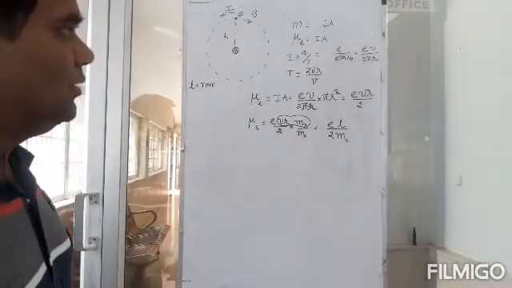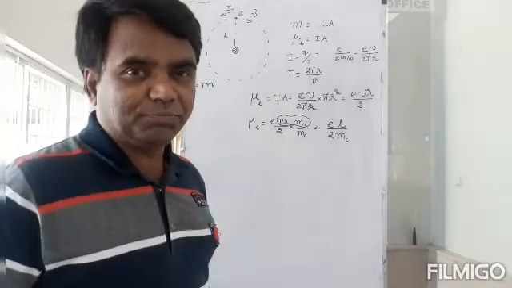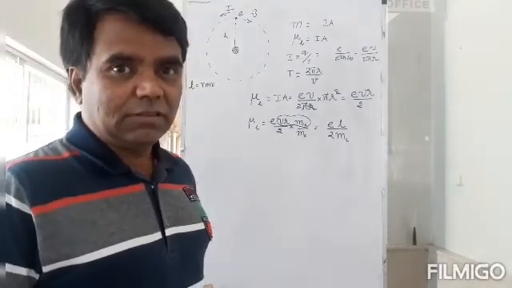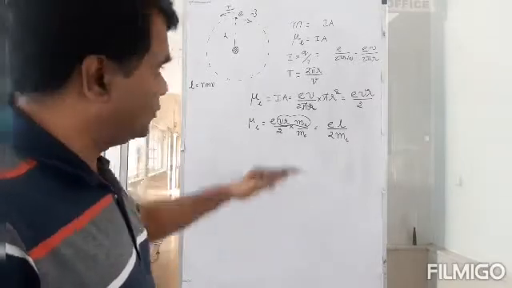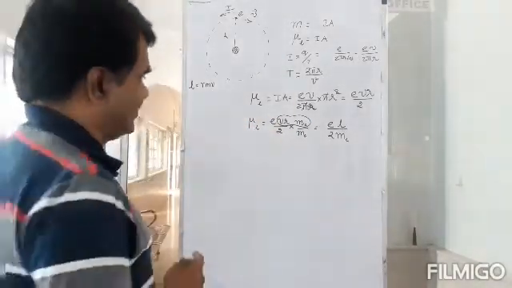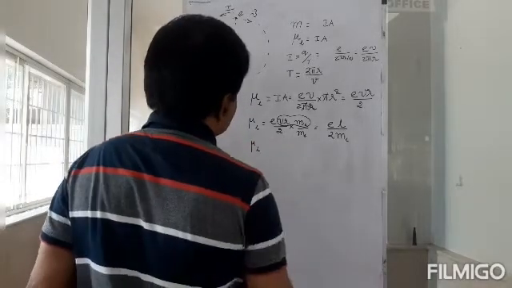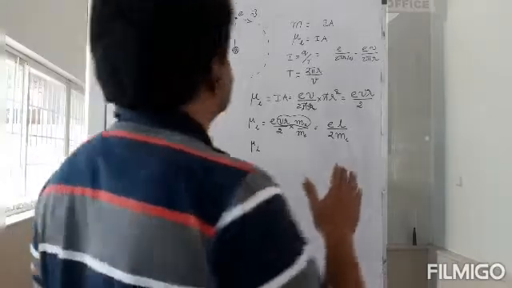This one. Okay, but this is the magnitude. But what about the direction? What about the vector quantity? So you see, mu L. Which direction is the same?